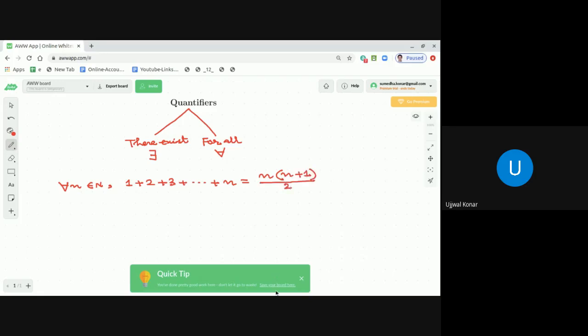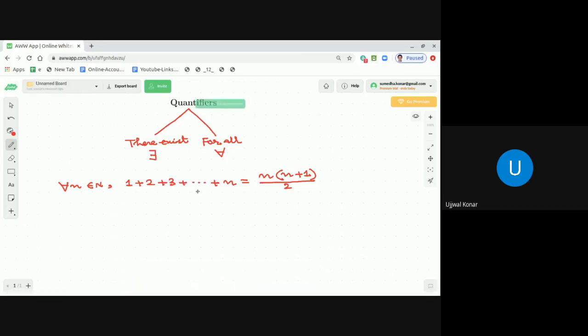So here we have used for all n belongs to N. So this is one example of using the quantifier called for all.